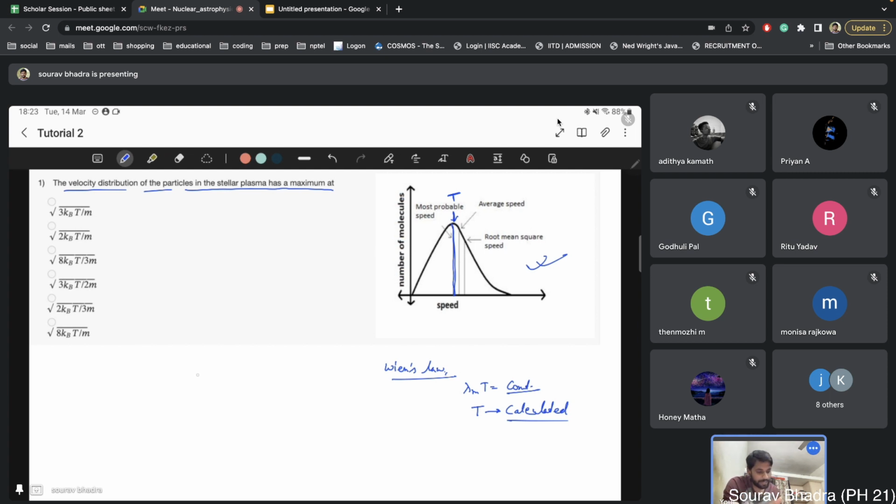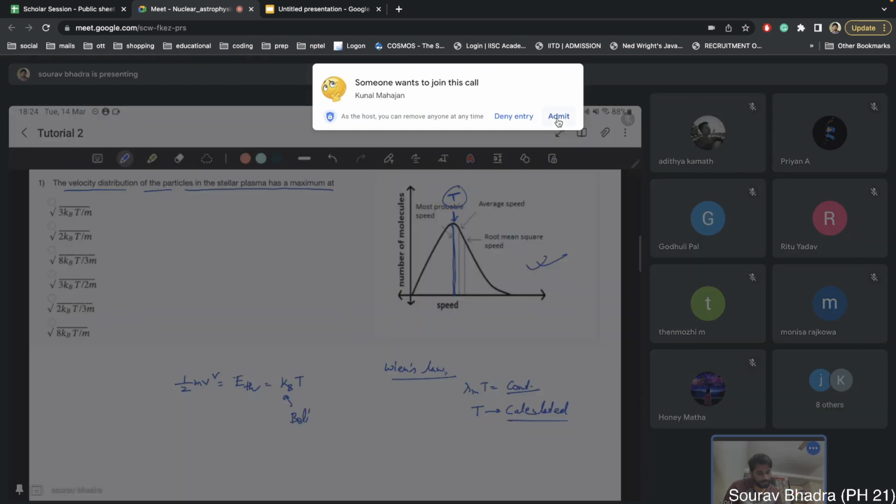So the kinetic energy, half mv squared, will be equal to the thermal energy, and at the peak, if the temperature is T, then the thermal energy will be k times T, where k, or kB, is the Boltzmann constant.